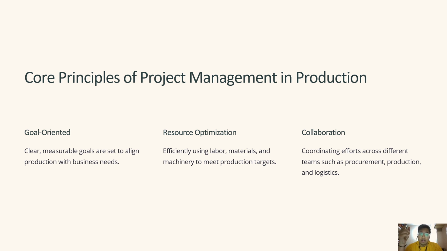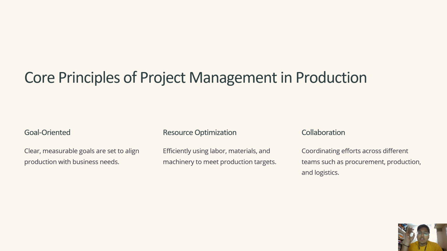They have to work, and it should be worth it towards the target. So we have to manage this in our project management, by efficiently using our labor, materials, and machinery to meet production targets, right? Whatever the production targets are, we have to do proper resource optimization for it.